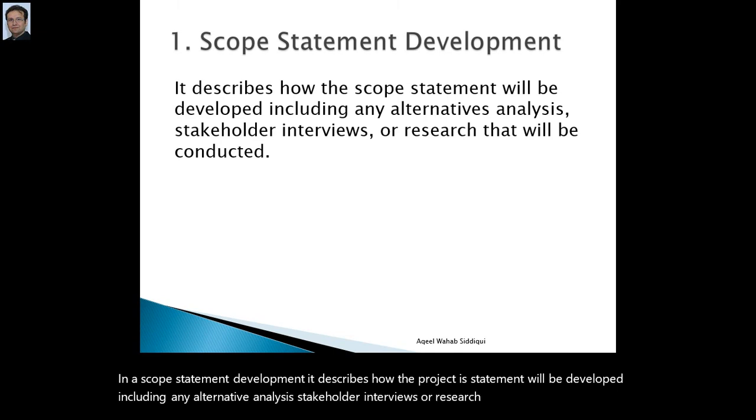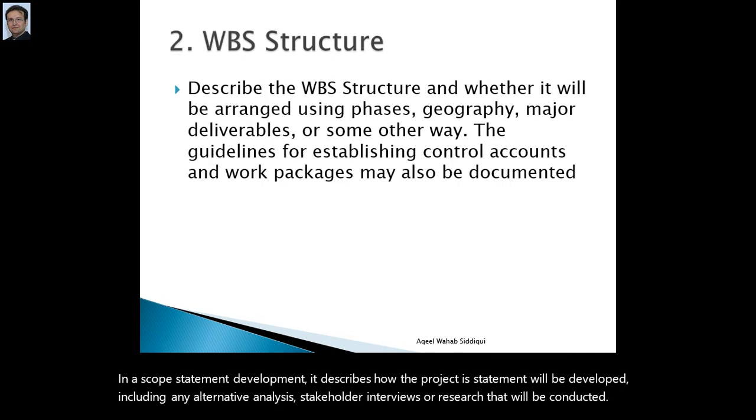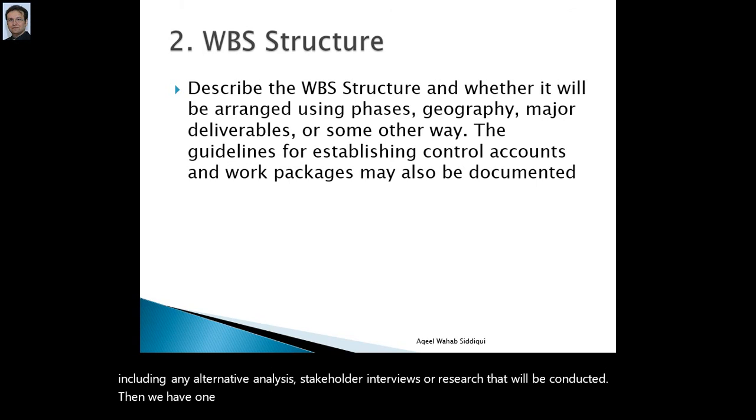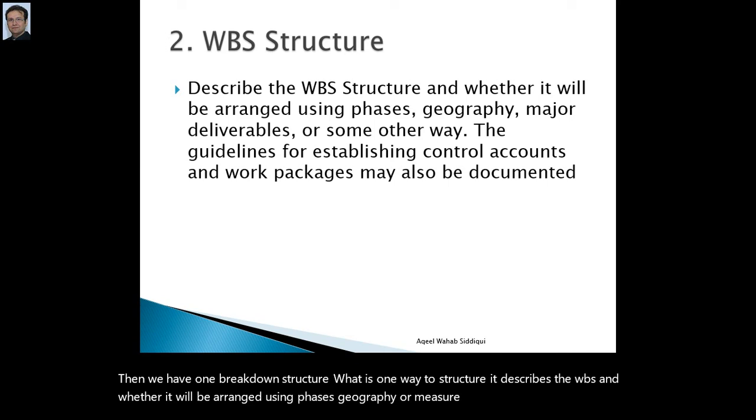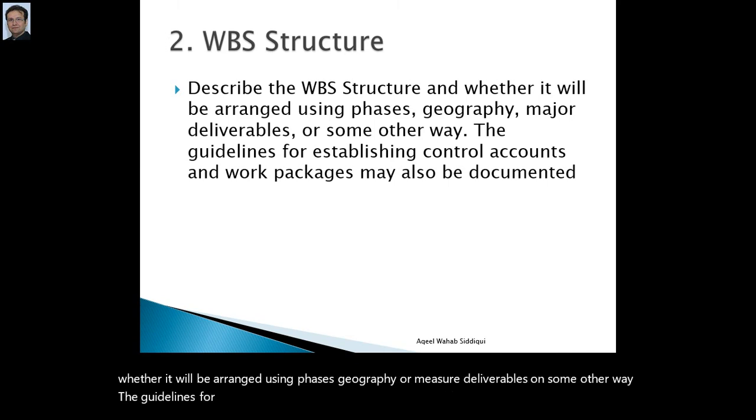Then we have work breakdown structure. What is work breakdown structure? It describes the WBS and whether it will be arranged using phases, geography, major deliverables, or some other way. The guidelines for establishing control accounts and work packages may also be documented.